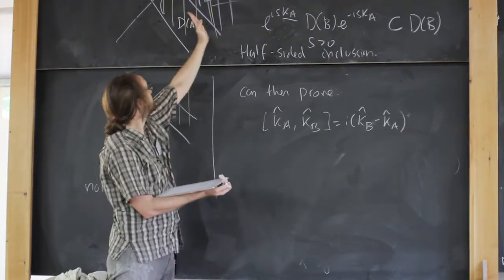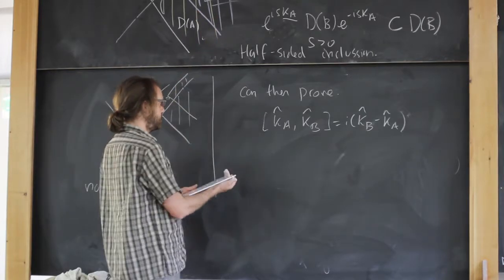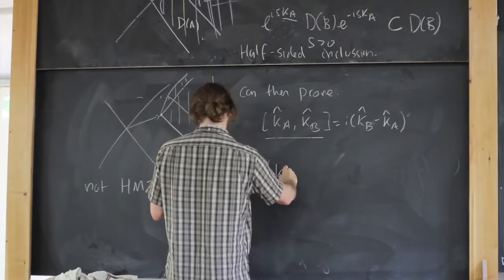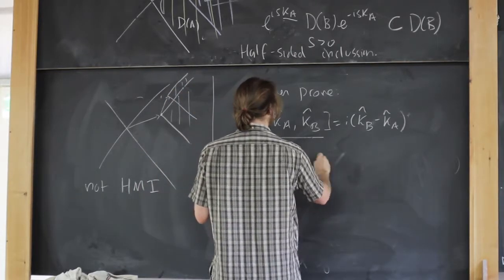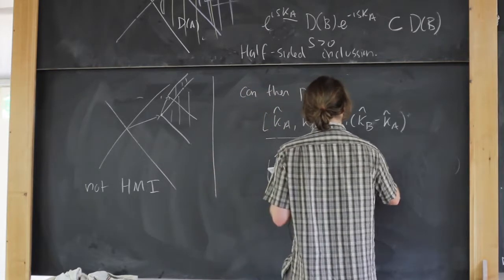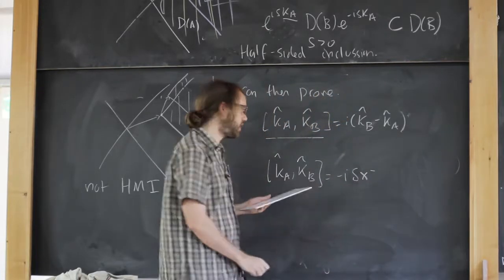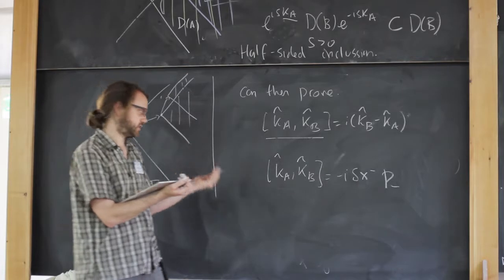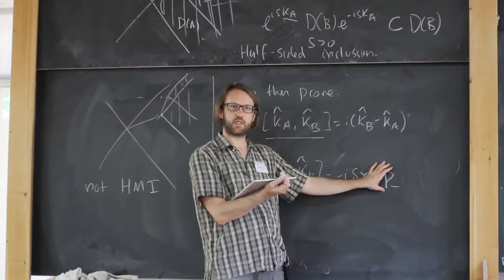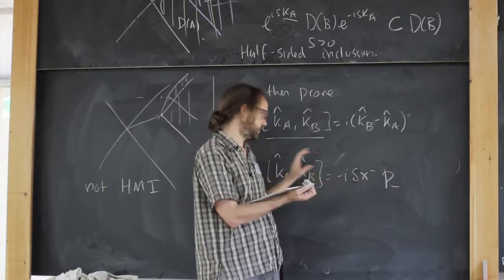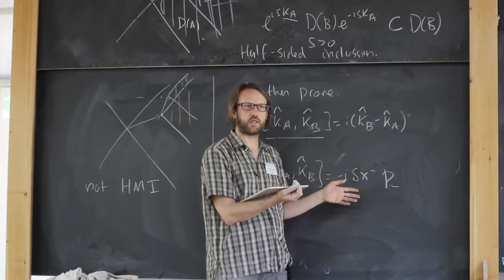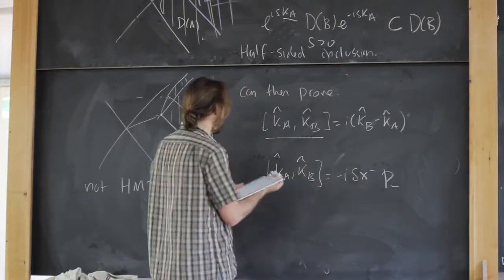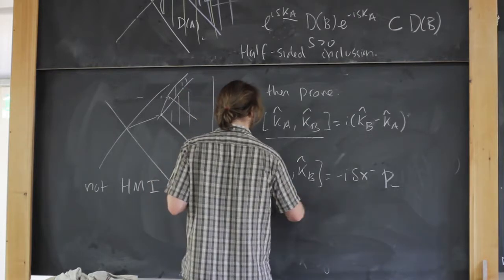Well, if I did take A to be a Rindler cut, B to be a Rindler cut, then these are boost operators. They're both boost operators. And the right-hand side, the difference between the boost operators is just the deformation, which is now uniform. It's independent of Y, times the null energy operator, which of course is just a null translation. So this gives a null translation. And then if you think about Lorentz transformations, this is just satisfied by the algebra of Lorentz transformations. So this is sort of simply true.